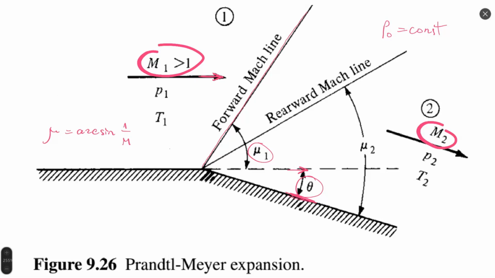Before this Mach angle, flow is uniform and parallel. All flow velocities are equal everywhere. And after mu1, flow starts to curve. This curvature is continuous process, okay?